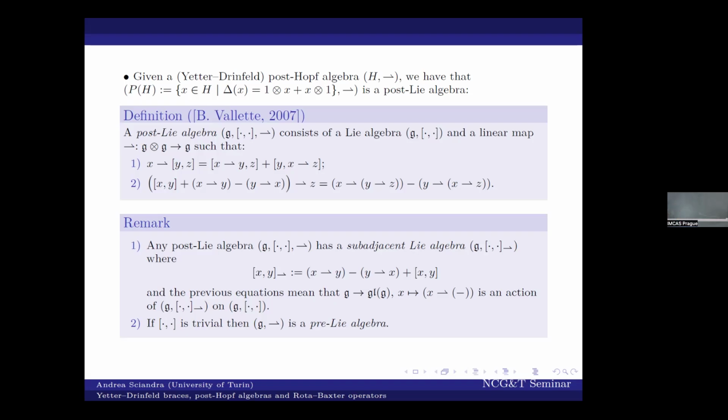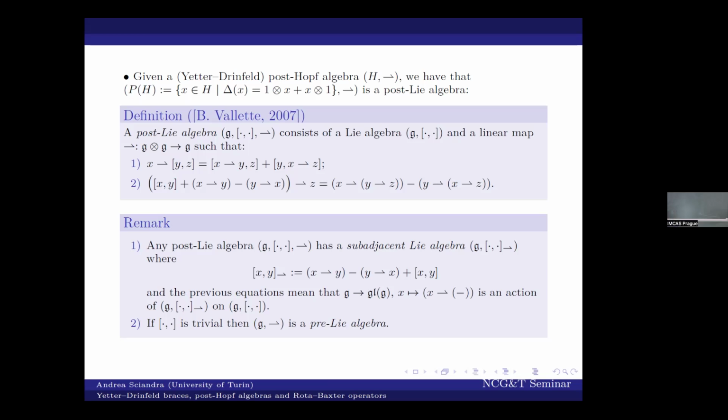Now, if the bracket is trivial, so you just have a vector space with a linear map such that 2 is satisfied, just put this to 0. You recover the previously known notion of pre-Lie algebra, due to Gerstenhaber, if I remember well. So these post-Lie algebras are a generalization of pre-Lie algebras, where you don't require that the bracket is trivial.